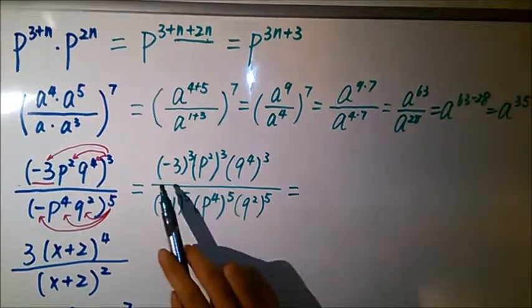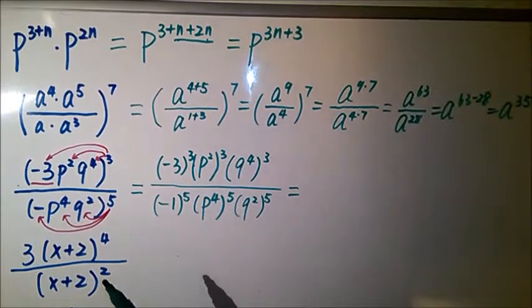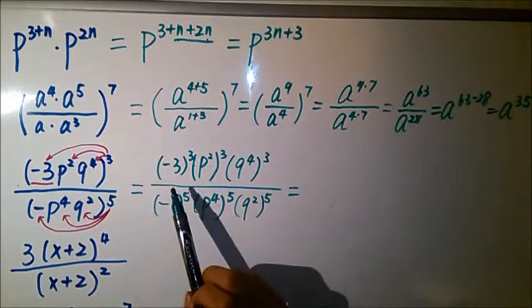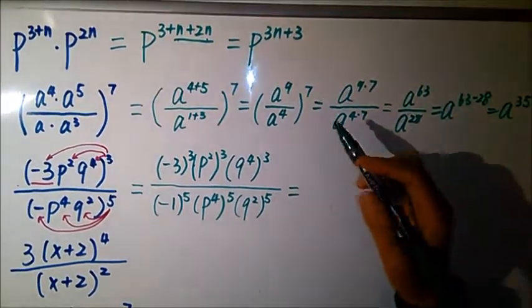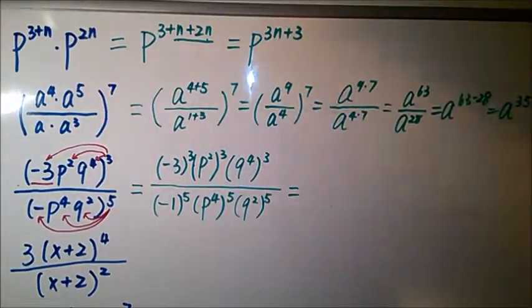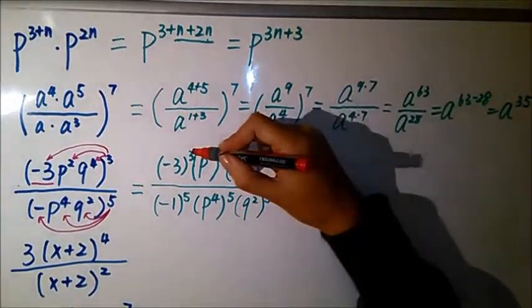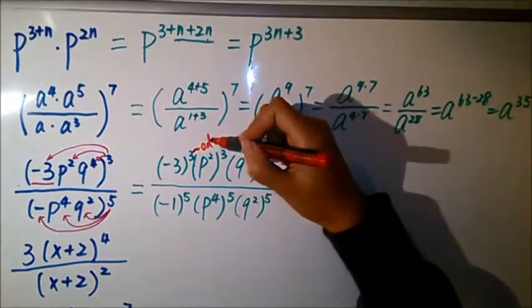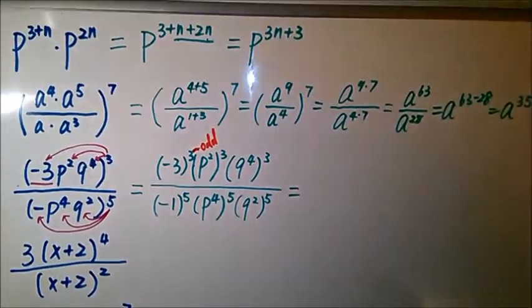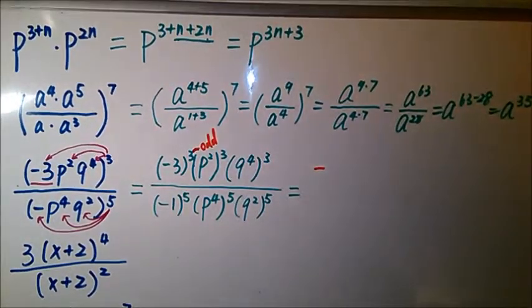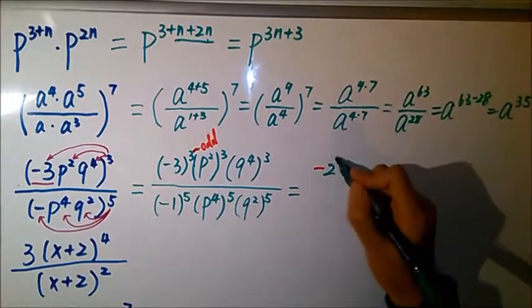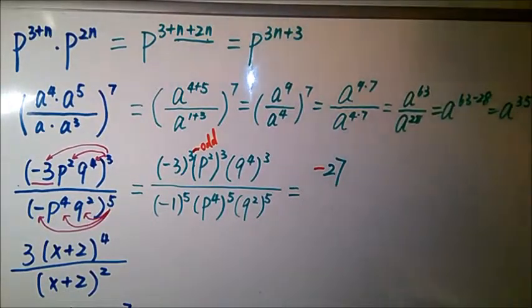Negative 3 to the power of 3 would be negative. Anything negative with the power of an odd number will always be negative. If it was squared, negative 3 times negative 3 would be positive. But because it's odd, negative 3 times negative 3 is positive, times negative 3 is going to be negative again.